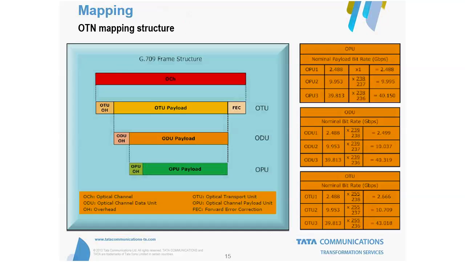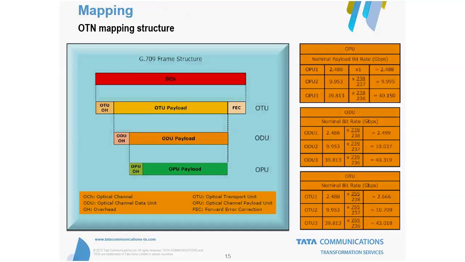And then the OTN mapping structure. When we move to the mapping structure, the mappings that you might have seen in other areas, I mean SDH, SONET, and the technologies we have used there, like VCAT, GFP. Okay.